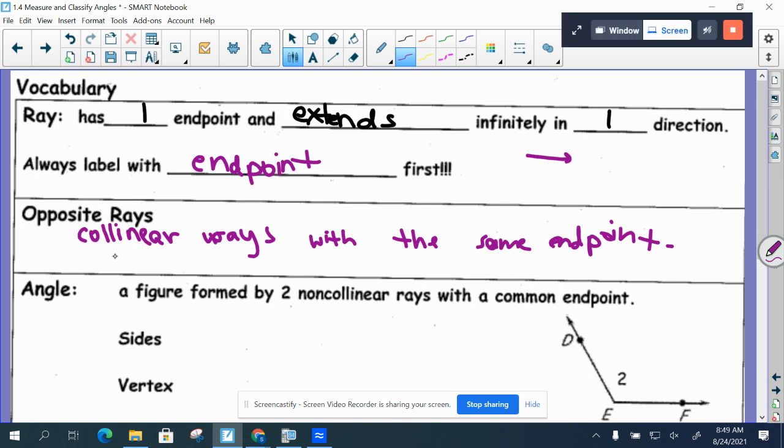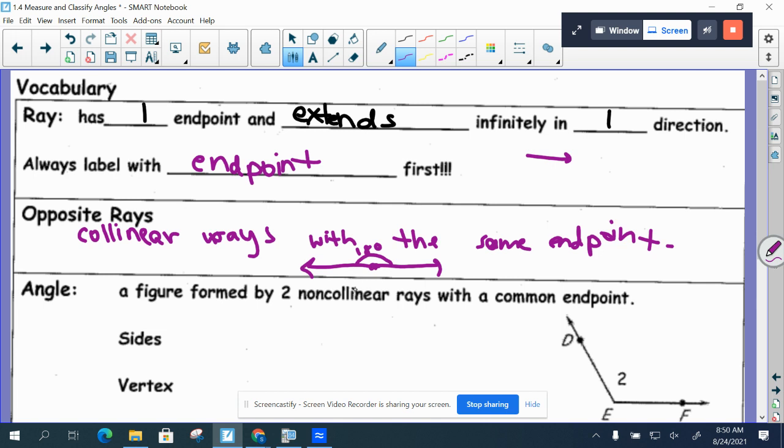Collinear means they lie on the same line. So if I were to have a ray going like that, another ray going like that, and this was 180 degrees, this would be opposite rays.